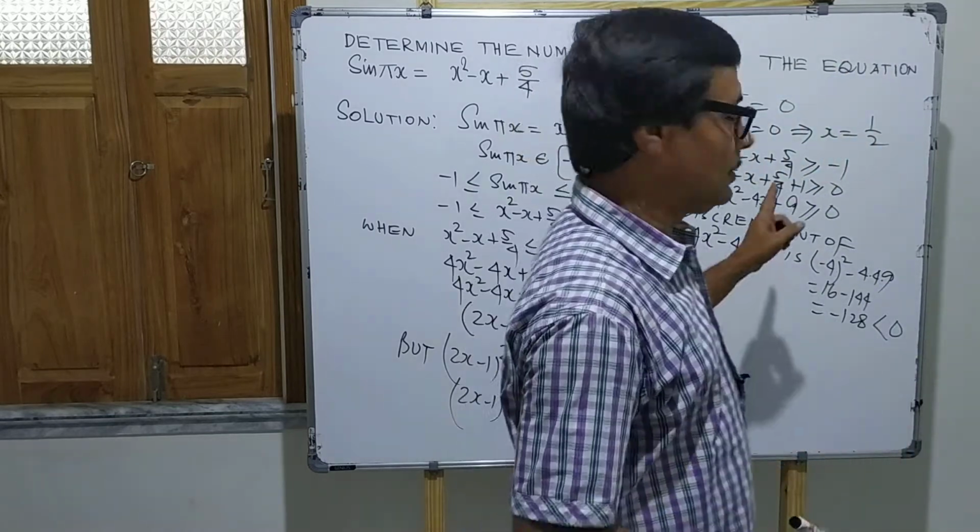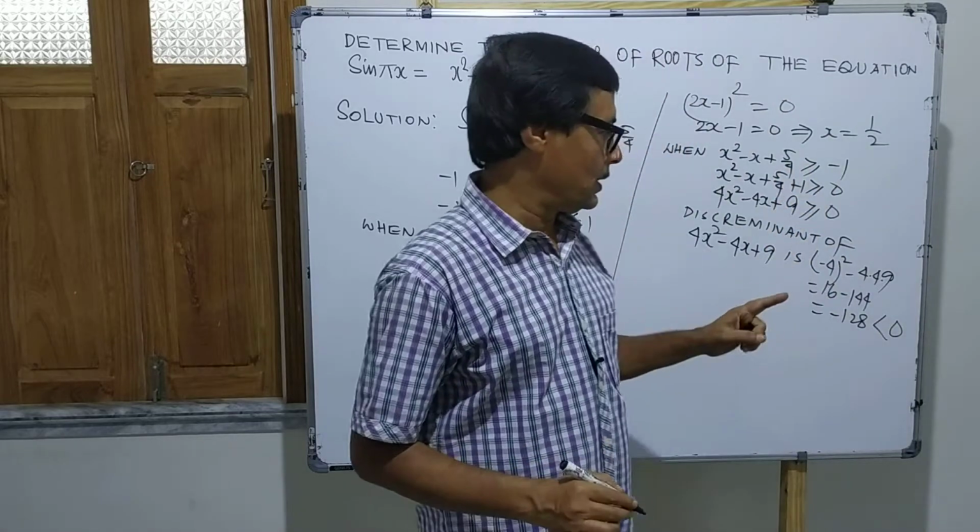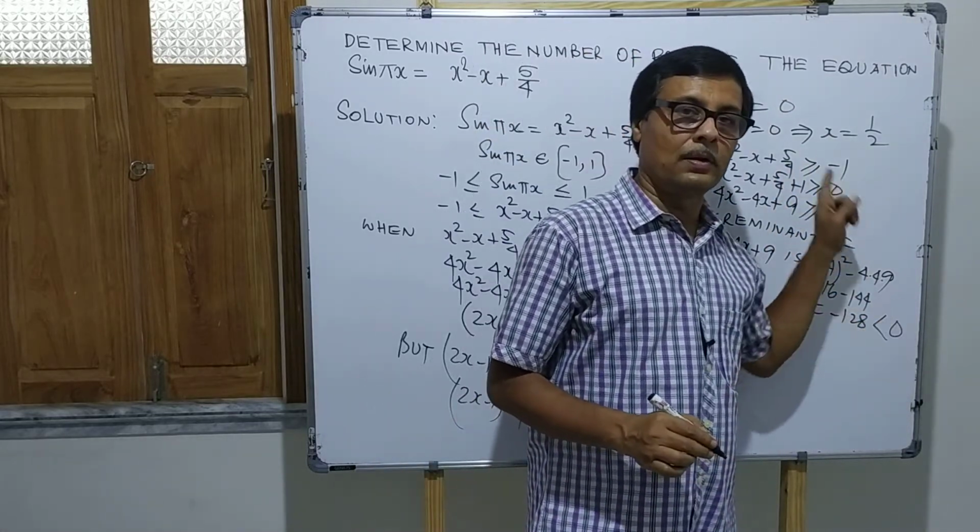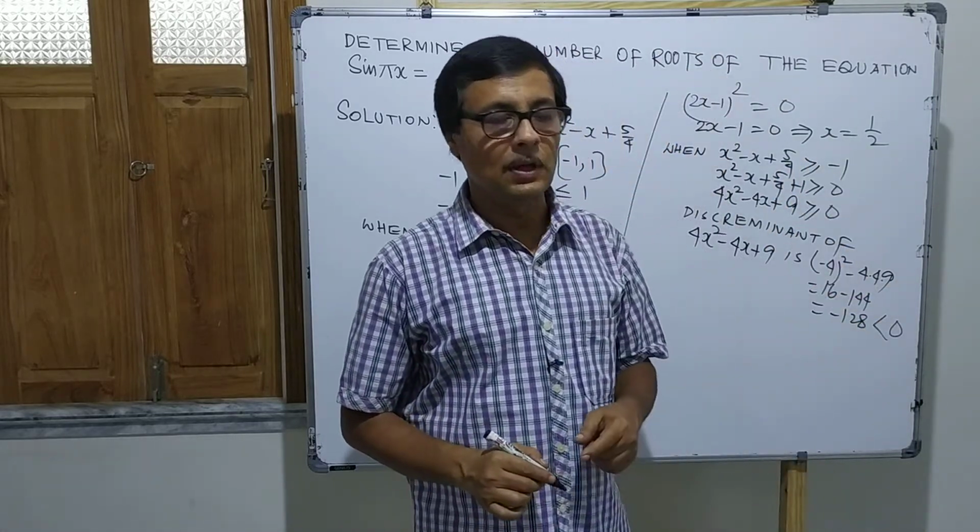If the discriminant of any quadratic polynomial is smaller than 0, then it cannot be reduced into real factors.